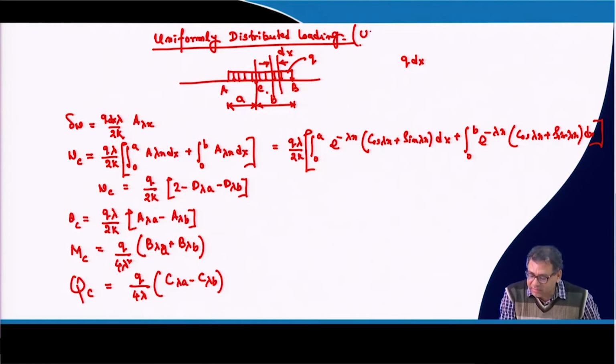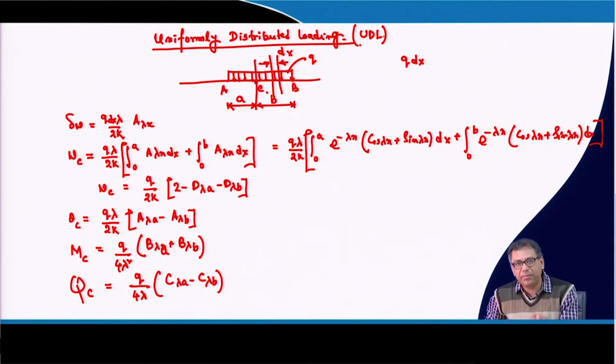Okay. Now, maybe this point C will be outside of the loading, on the left side, or point C can be on the right side of the loading. In such a case you have to take the integration accordingly, and when you do this integration, remember that for deflection, on the left side it will be the minus sign, and for the deflection and the moment there will be no change, but for the shear force and the slope there will be a minus sign when you do the integration for concentrated load.